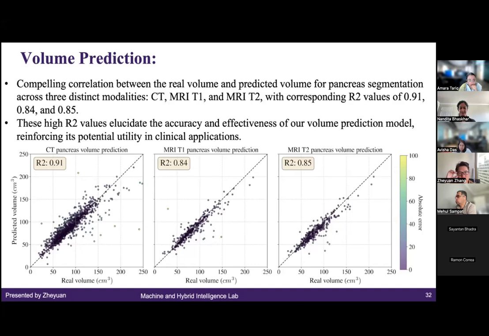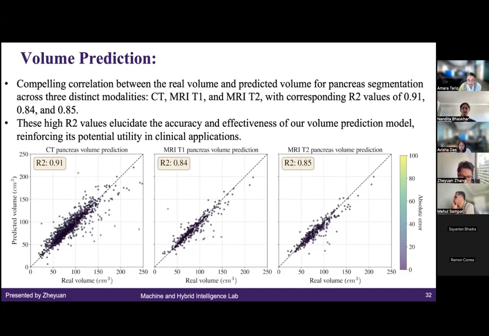As we said in the beginning of this study, the most important parameter the clinical people will use is volume. So here we calculated the predicted volume from our segmentation and the ground truth segmentation provided by the clinical doctors. We found that for most of these studies we have a relatively high R2 value, and this high R2 value indicates the accuracy of the segmentation methods.